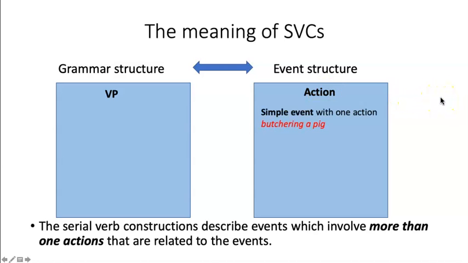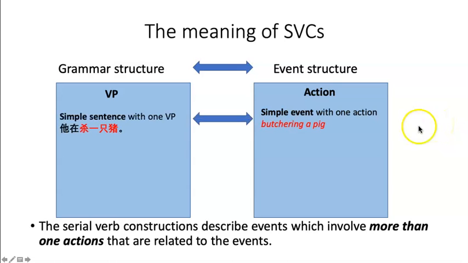A simple event normally has one action. For example, butcher a pig. And in Chinese, 杀一只猪. So a simple sentence in grammar with one verb phrase reflects one simple event.